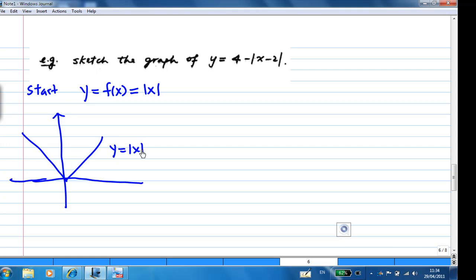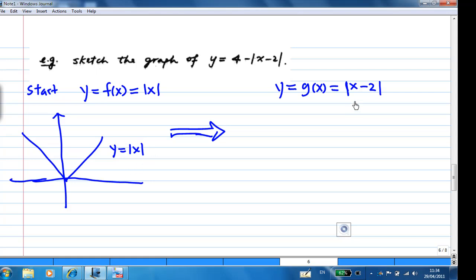Then you change to the graph of, say, y equal to g of x equal to absolute value of x minus 2. Now I am doing this because it may not be so easy to get the graph straight away, so I do one step at a time. So y equal absolute value of x to y equal absolute value of x minus 2.